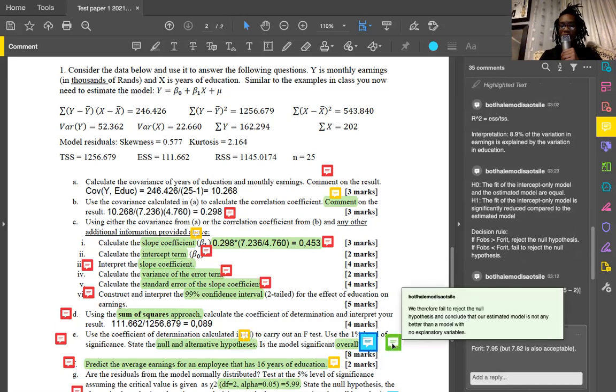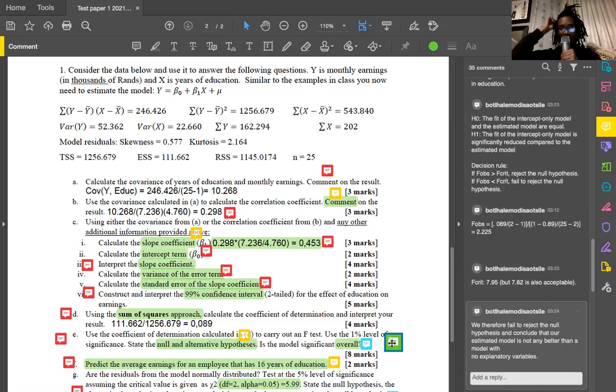And then you come to your conclusion where you state that you fail to reject the null hypothesis because the F crit is bigger than F obs, or F obs is smaller than F crit. You therefore conclude that the estimated model is not better than a model with no explanatory variables.